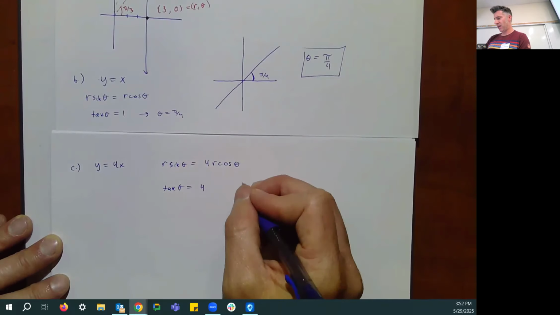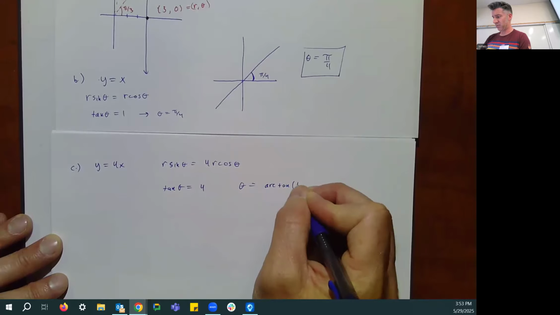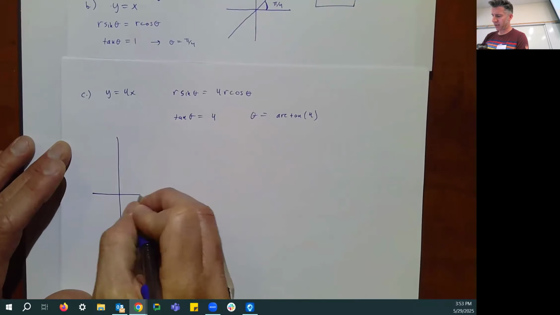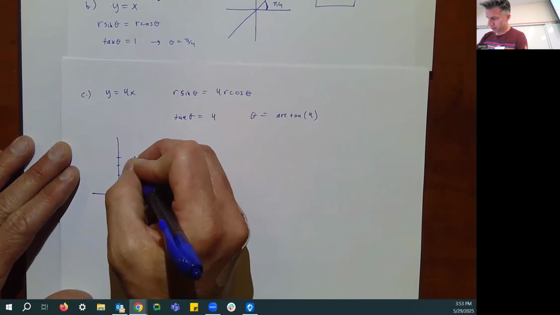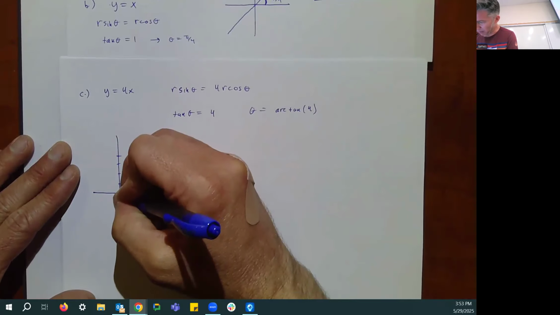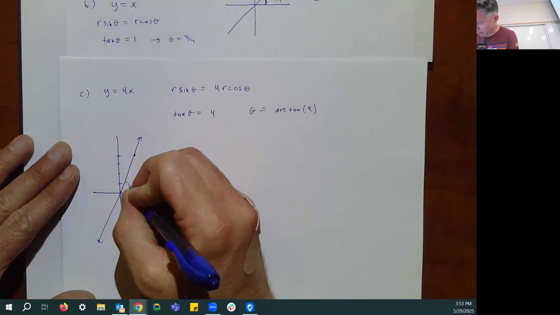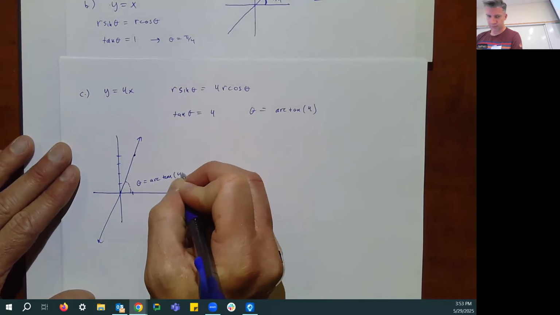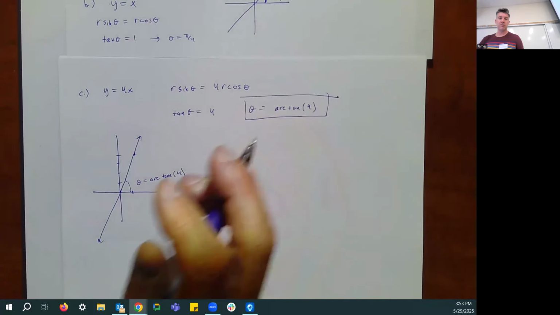And so your angle is the arctangent of 4, which I don't know what that is. I can draw it though, because I can draw y equals 4x, over 1 up 4. Maybe I can draw it. We'll see. So there's your angle, theta equal to the arctangent of 4. That's the equation of that line in polar coordinates.